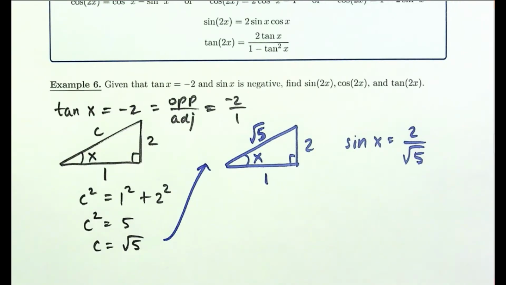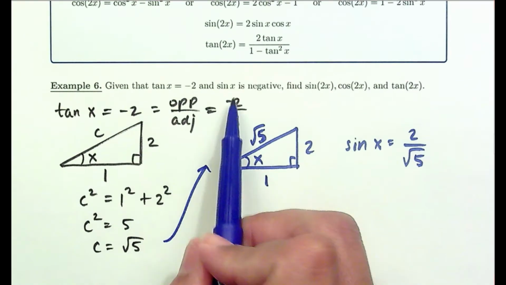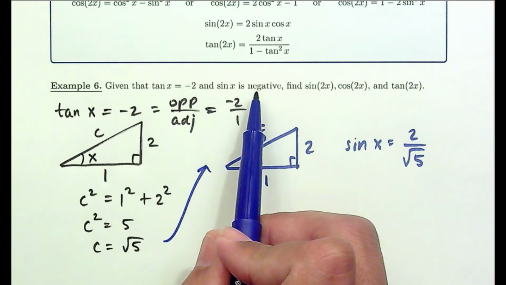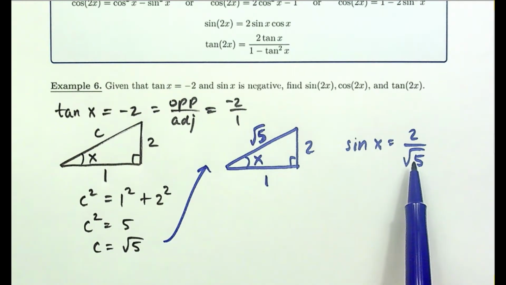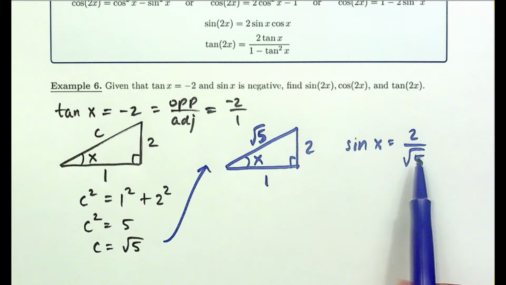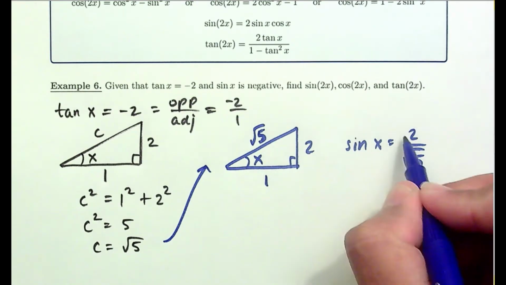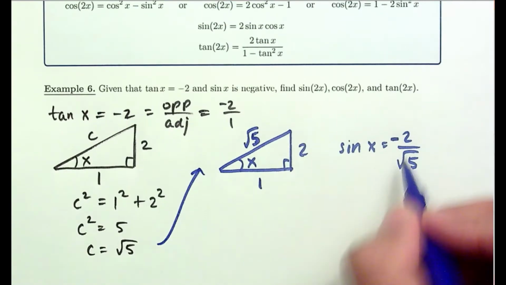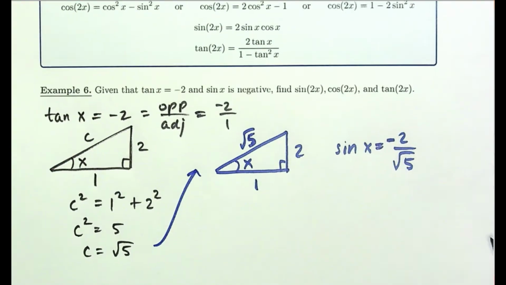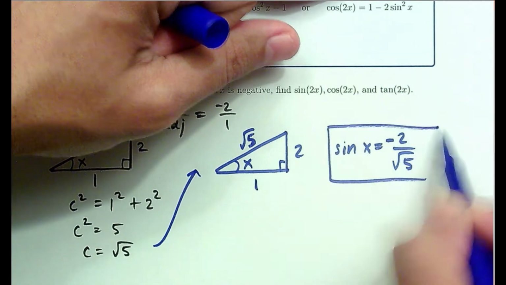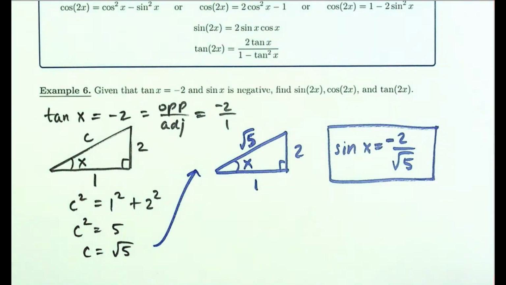However, they're telling me right here that sine of x is negative. So that means I need to put a negative in here. It cannot be this because that's positive. But it has to be the same numbers because I got those numbers from the picture. All I have to do is make that small correction and say, oh, well, it's supposed to be negative. So it should be negative 2 over square root of 5. And now we got sine of x. Okay, that's because they told us it's supposed to be negative.